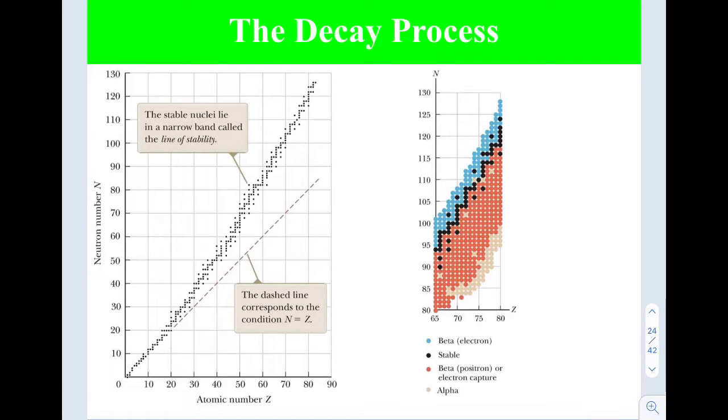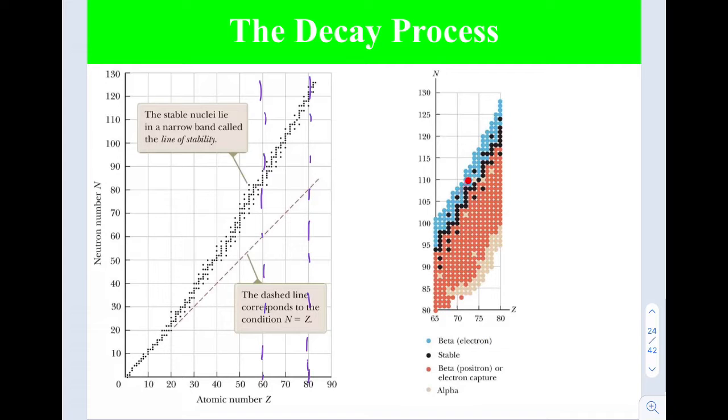So if we refer to this diagram, this is a bigger picture, for N versus Z, starting from 65, somewhere here, to 80. So within this band, we make it bigger like this, right?